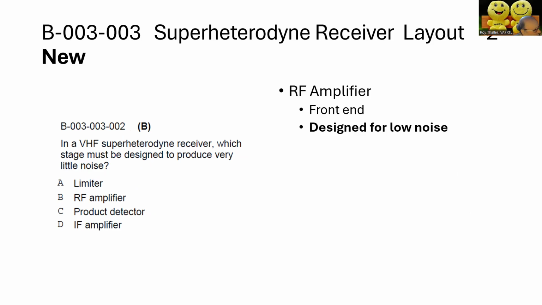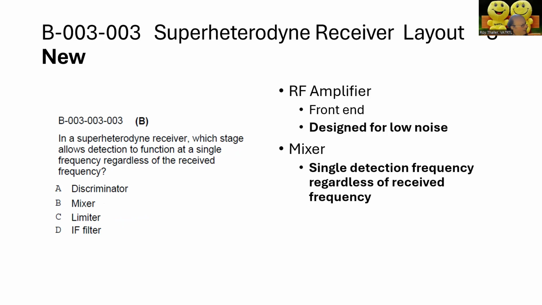In a VHF superheterodyne receiver, which stage must be designed to produce very little noise? It doesn't matter actually if it's VHF or any kind of superheterodyne receiver. It's the RF amplifier that has to be designed for very little noise operation.